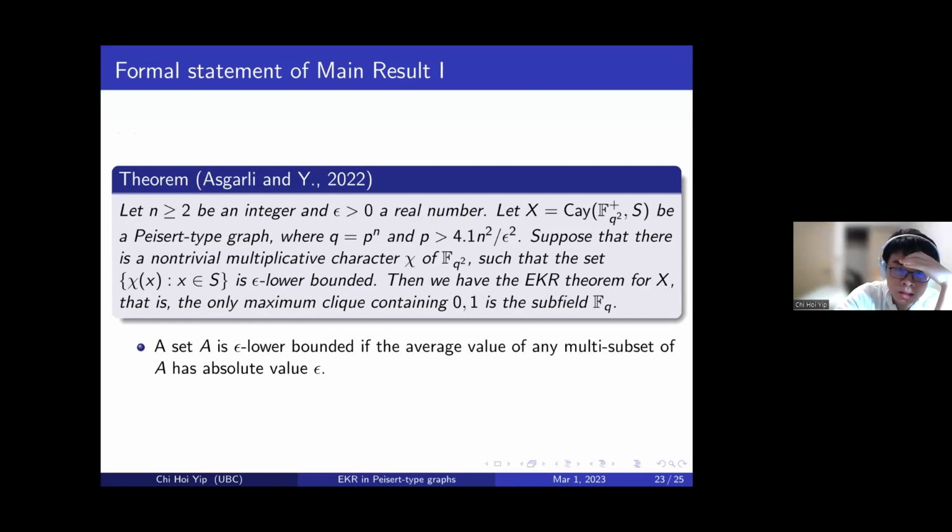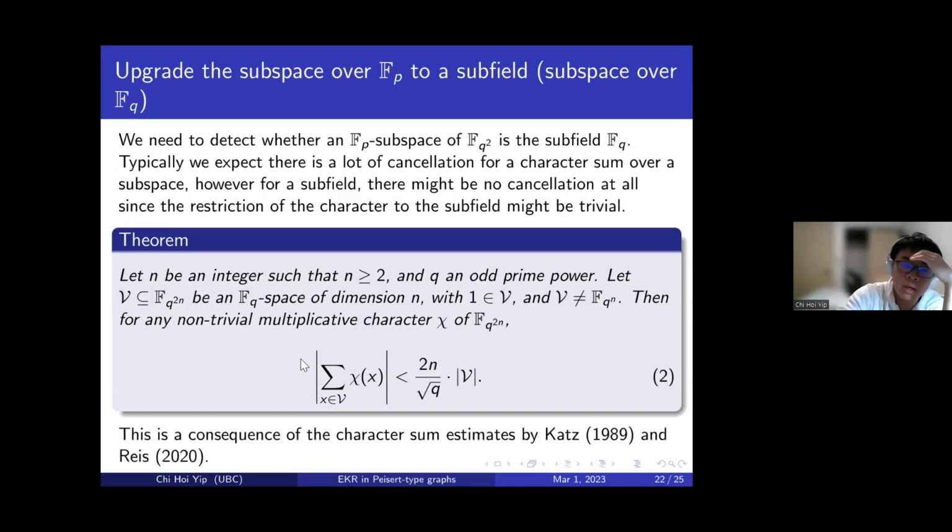Essentially, it says that if we can find some non-trivial multiplicative character chi such that the image of the connection set under chi is lower bounded, in the sense that the average value of any multi-subset of this set has a large absolute value, then we have the EKR theorem. That's essentially because of this estimate.